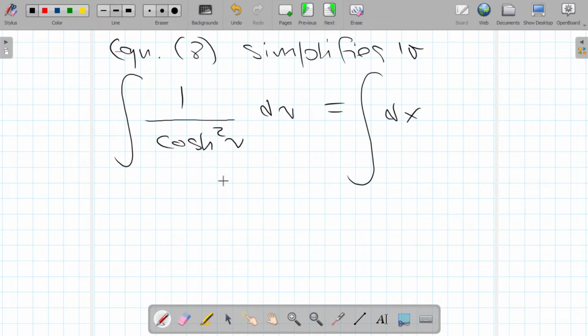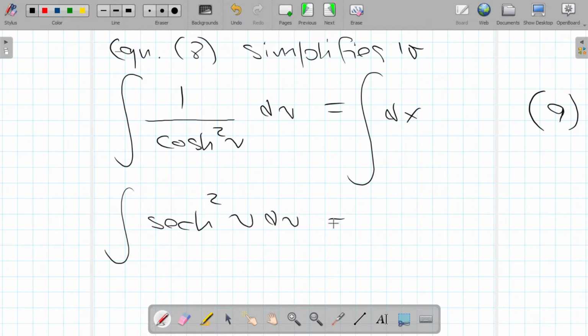Now we can simplify this left-hand side a bit more. This becomes the integral of sech squared v dv, and that's equal to the integral of dx. I haven't integrated the right-hand side yet because I wanted to do all of the integrals at once.